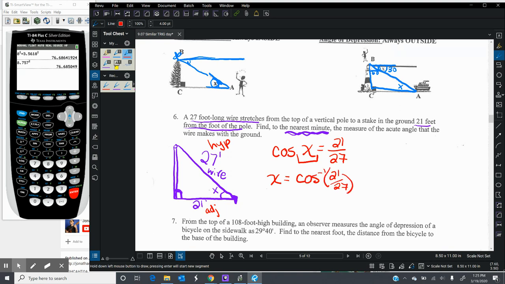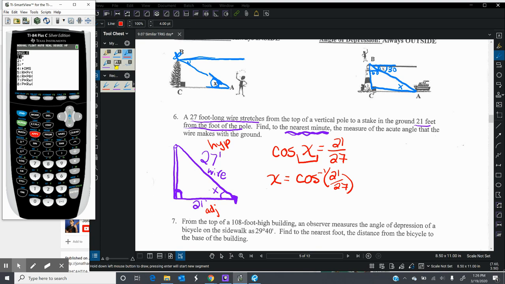And I'm going to go to the calculator. I'm sorry I'm kind of speeding up here. I feel like we're getting a little long in this video. So second cos 21 over 27 gives us the degree to the nearest tenth place, but again they ask for the nearest minute. So second X, and you can arrow down to choice 4.